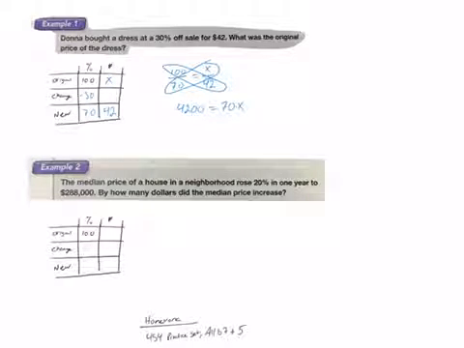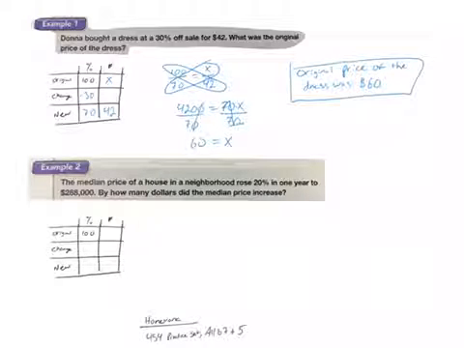Since these are multiplying, the opposite is going to be to divide. These two become 1, so I just have X. And on the left-hand side, those reduce, and I end up with 60. So the original price of the dress is $60. Alright, so notice it was a percent decrease because it said 30% off.